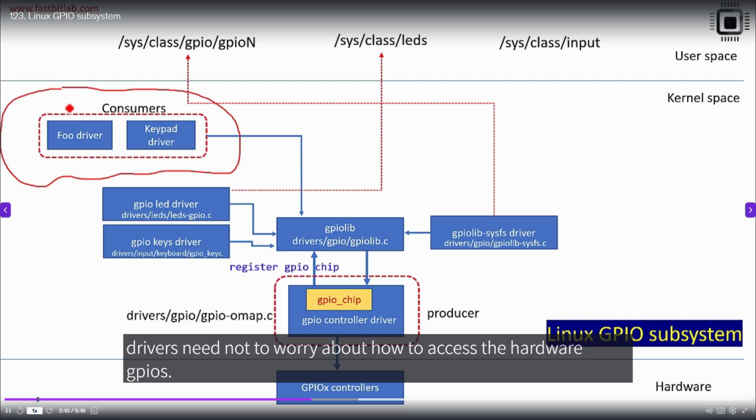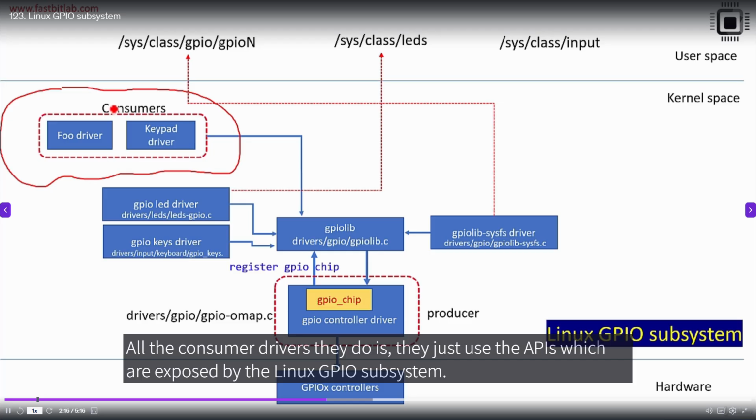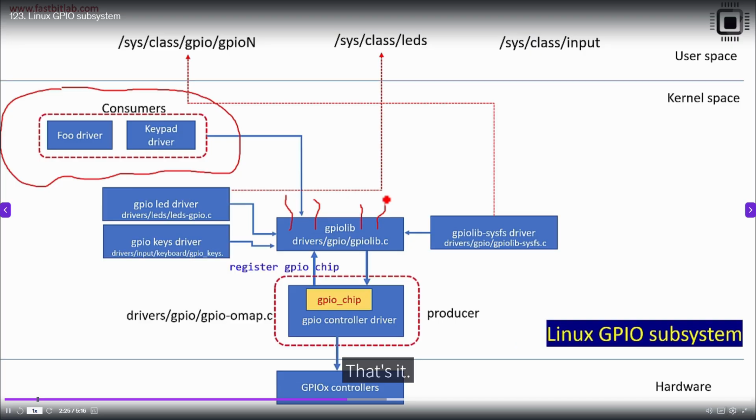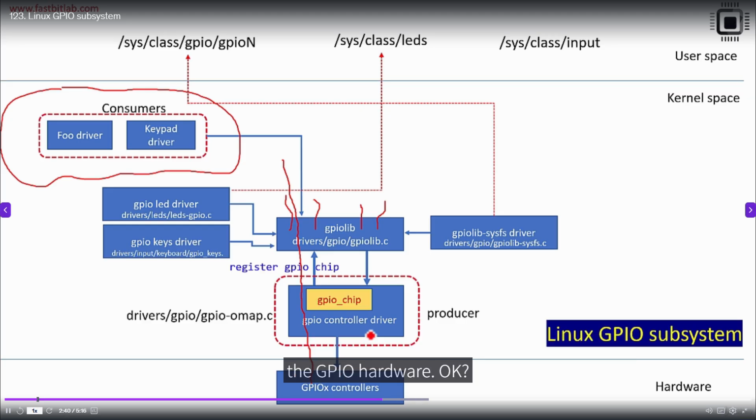The consumer driver need not worry about how to access the hardware GPIOs. All the consumer drivers do is use the APIs which are exposed by the Linux GPIO subsystem. That's it. It just uses those APIs, and after that the request is forwarded to the GPIO controller driver, and the GPIO controller driver talks to the GPIO hardware.